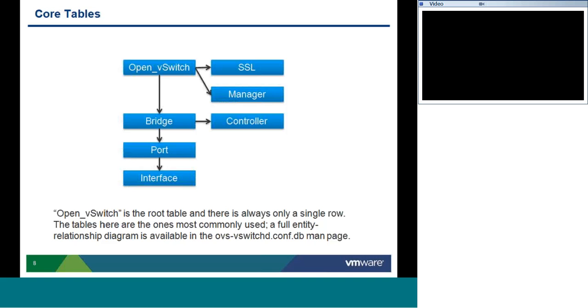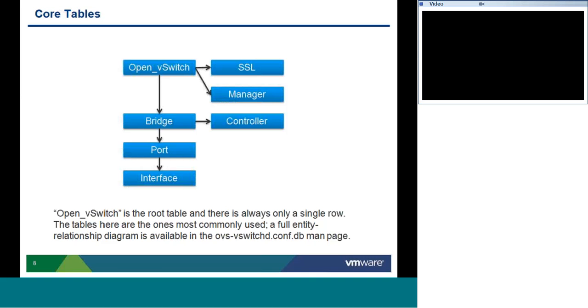These are very similar: this is to connect over OVSDB, and this is OpenFlow. And then there's a pointer to the SSL table. Right now we only support one set of SSL credentials, so the manager and the controller have to use the same SSL credentials. That would be something worth looking at changing, but we don't support that right now.